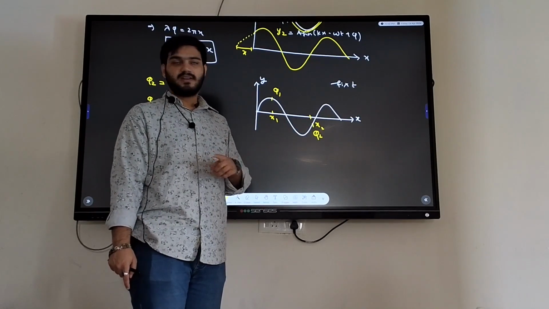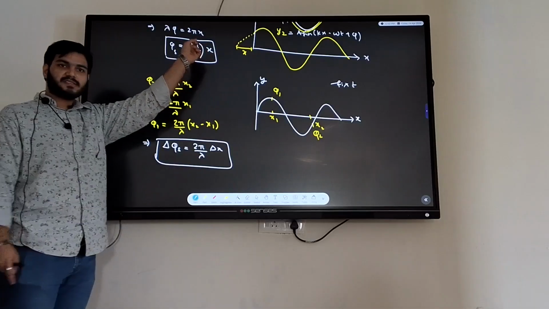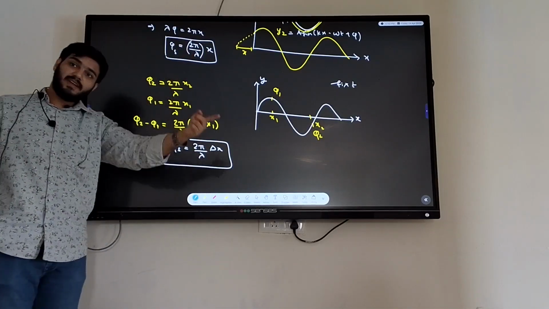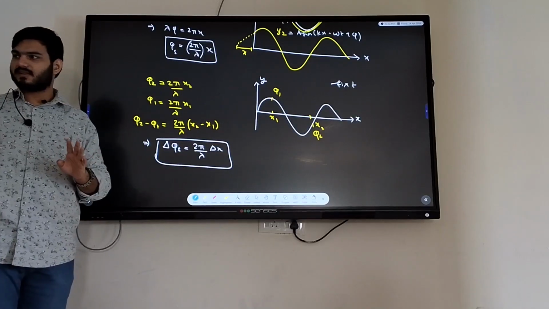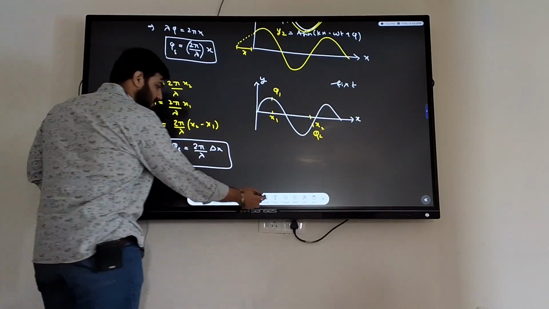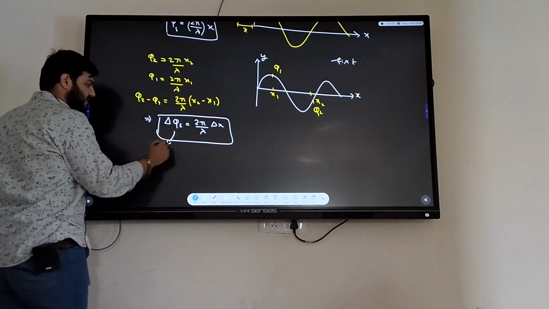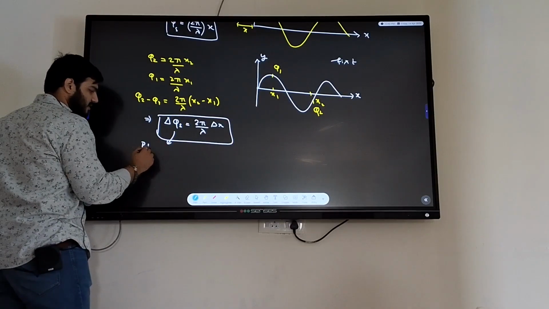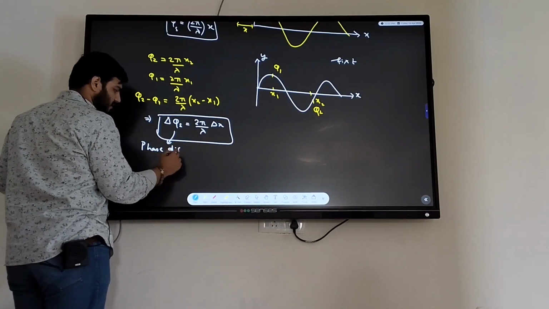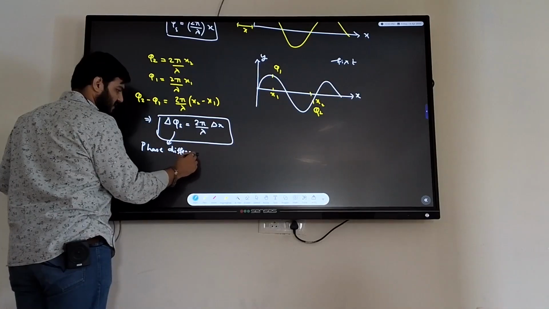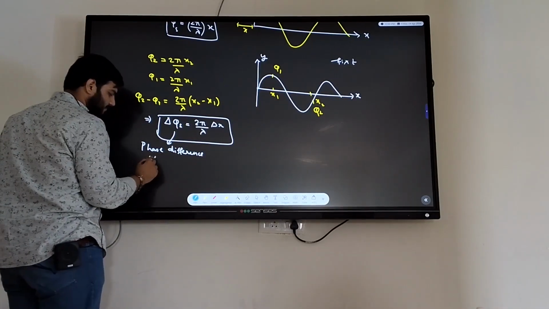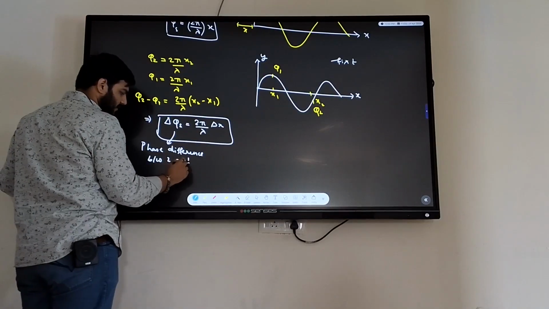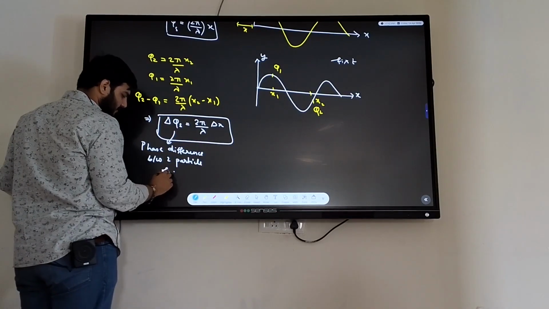Are you understanding? Here, what is this phase difference? Between two different waves. This is between two different particles. Do you understand the difference? Yes. So, this is the phase difference. Please write with me. Phase difference, the spatial phase difference between two particles of the same wave.